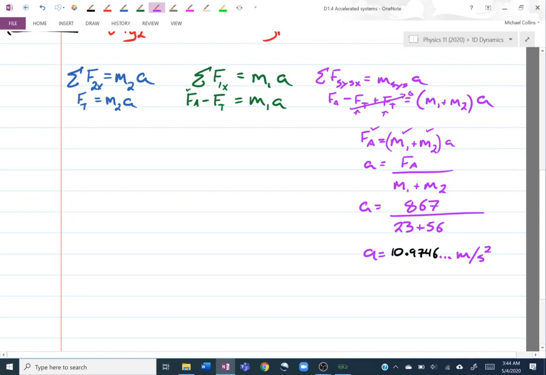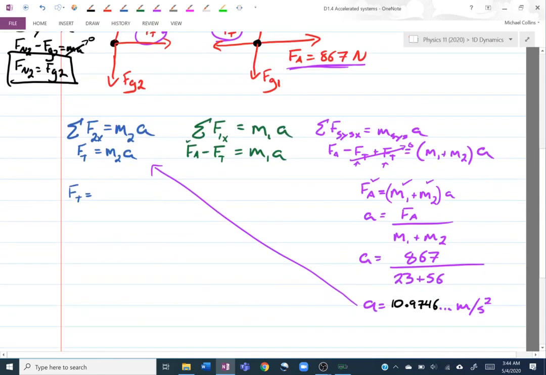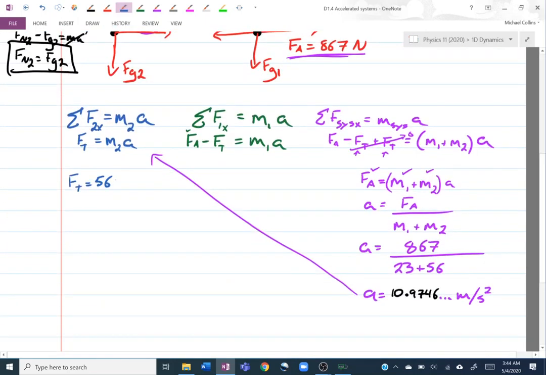So now that I've found my acceleration, what I could do is I could go back and look at this first equation that I wrote down. And I noticed that now I have one of my unknowns. I only had 2 unknowns, so now I know what to do. I can go back to my blue, and I know that T is going to be equal to m2, which is 56 kilograms, times my acceleration, which is 10.9746, dot, dot, dot.